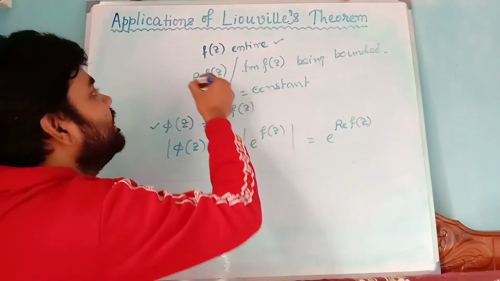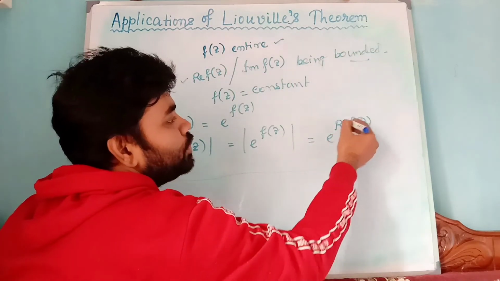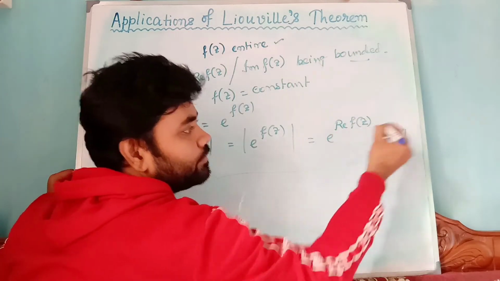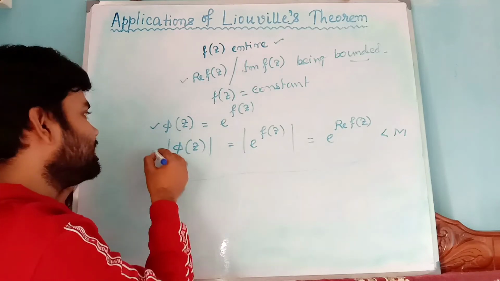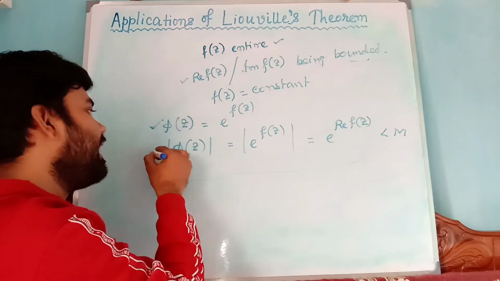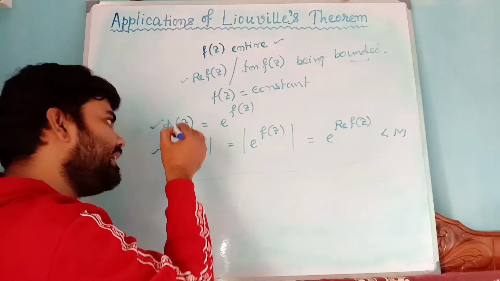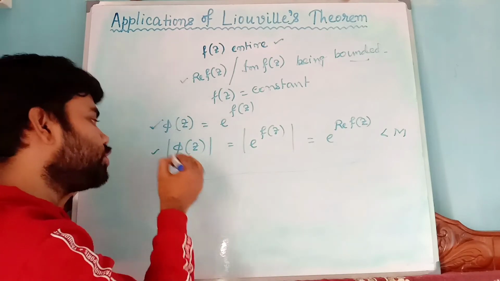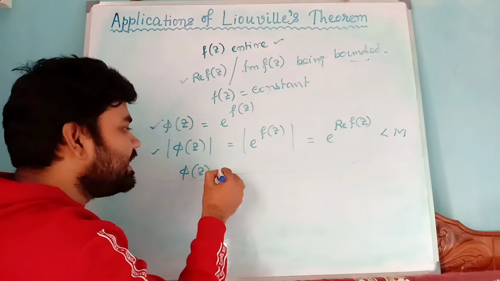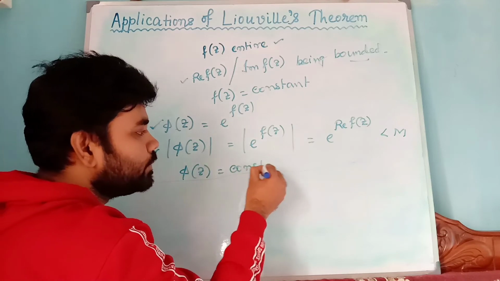Since real f(z) is bounded, e to the power real f(z) is also bounded. Now since phi(z) is entire and mod phi(z) is less than or equal to M, phi(z) is entire and bounded as well. So by Liouville's theorem, phi(z) is a constant function.